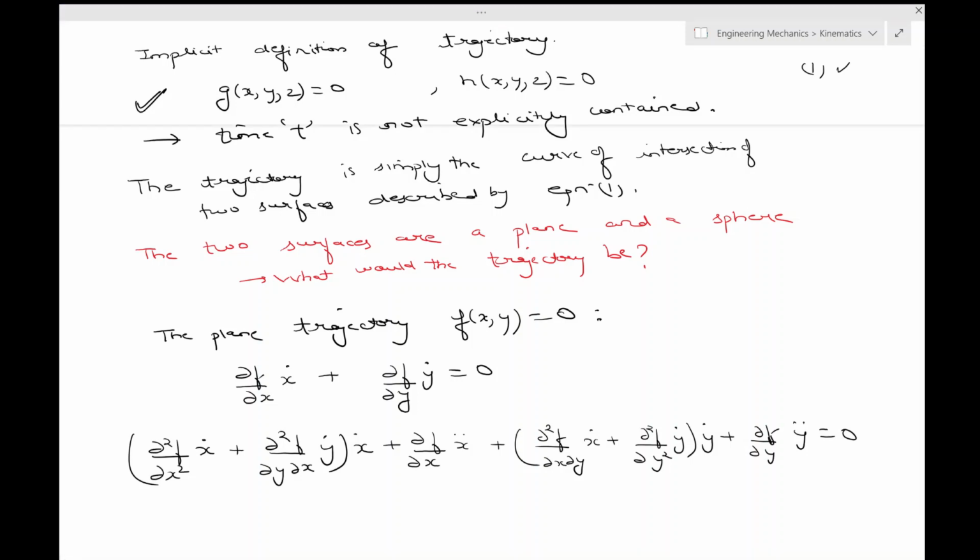So this is something which you should verify, that if you differentiate this again with respect to time, you should get something like this. Please don't skip this exercise.